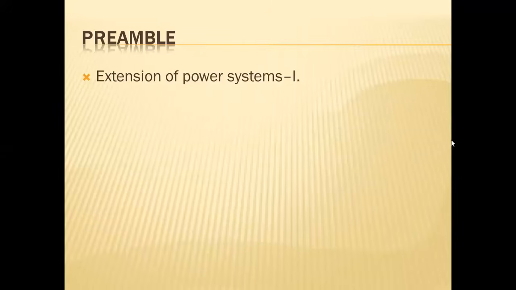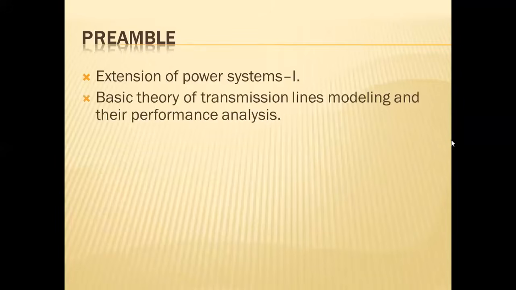So the consumers are finally expecting the power generated at the stations to be used at their premises. There are several types of consumers: domestic, industrial, commercial, agricultural, etc. How the power generated at the stations has to reach the end consumer is what we are going to discuss in power systems 2. That is the extension of power systems.